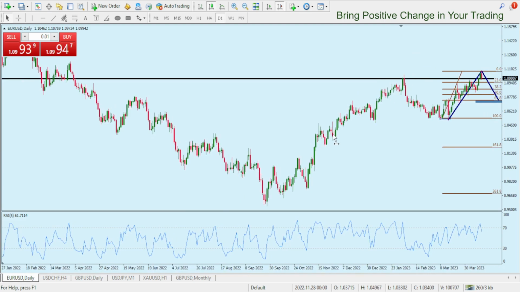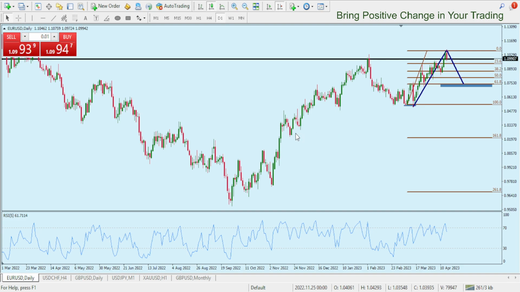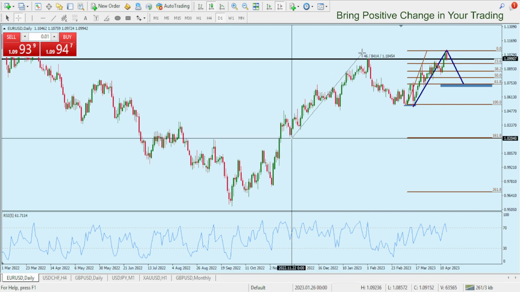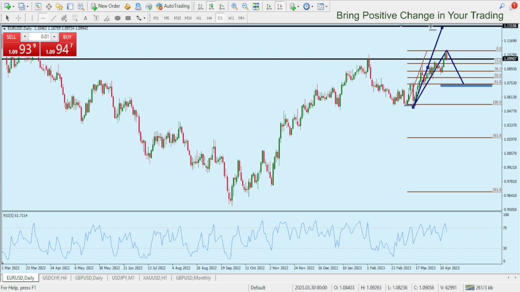Now another concept, and you have to watch my previous video. There is an ABCD pattern completion right here, and if it completes, then obviously it will be completing near 1.13106. Very simple, guys, not rocket science.